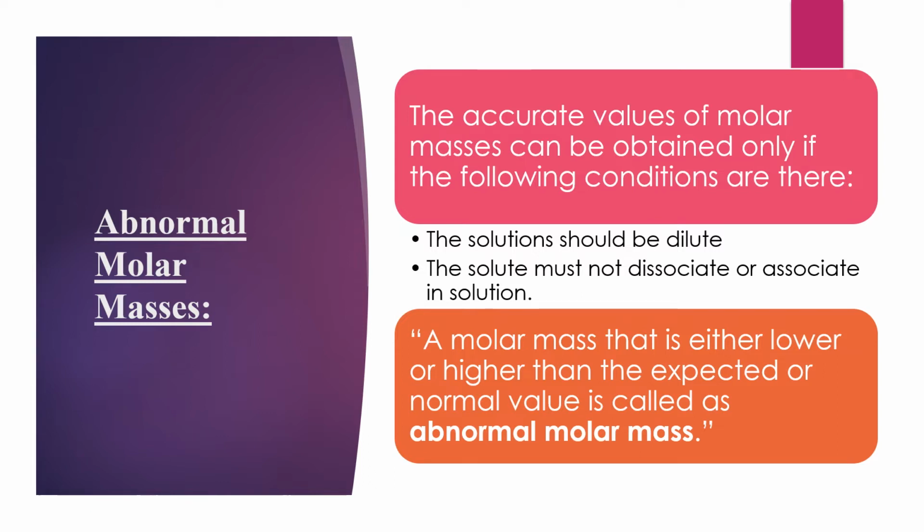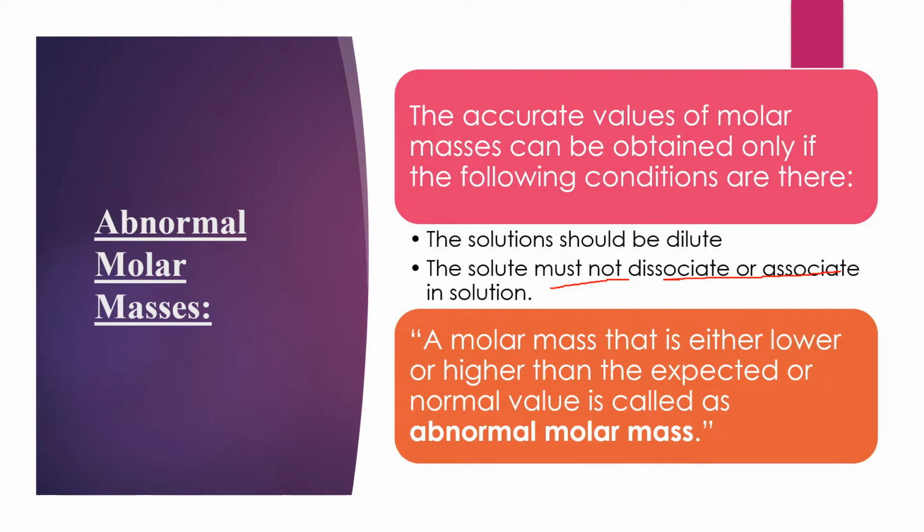So if a solution does not follow such conditions, then there will be a disturbance in molar mass, whether it is due to the dissociation of solute particles or due to the association of solute particles with the solvent.